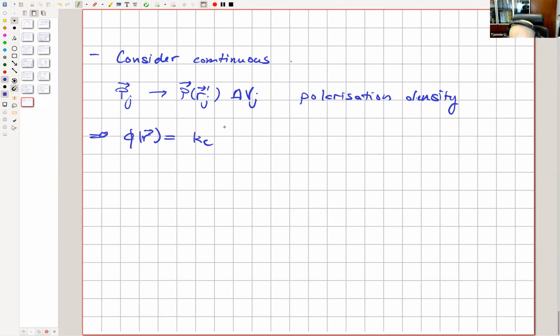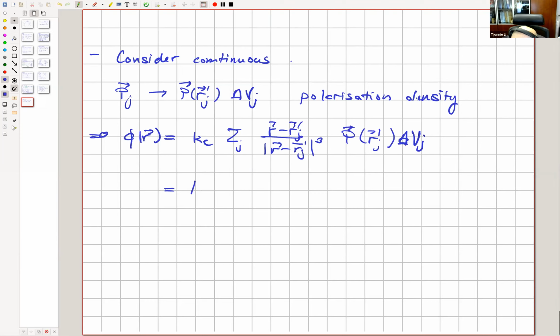And now I can take delta Vj to 0 and the number of molecules to infinity, so we get just a Riemann integral.